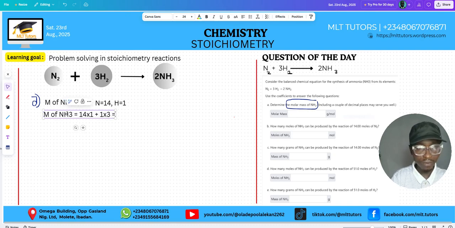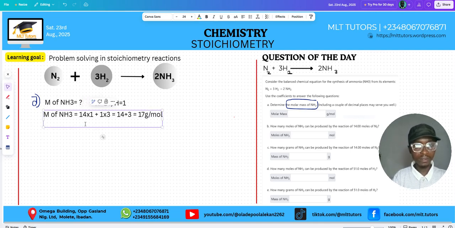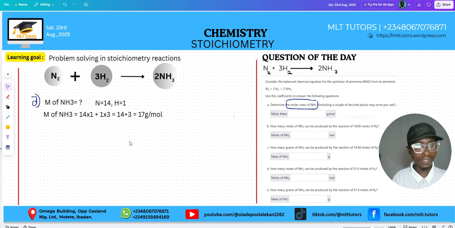This gives us 14 multiplied by 1, that is 14, plus 3 multiplied by 1, that is 3. Then 14 plus 3 equals 17. The unit of molar mass is gram per mole. So that's the answer to the first question, which is question A.